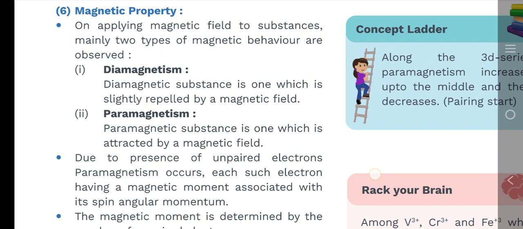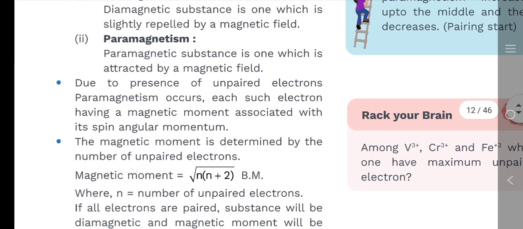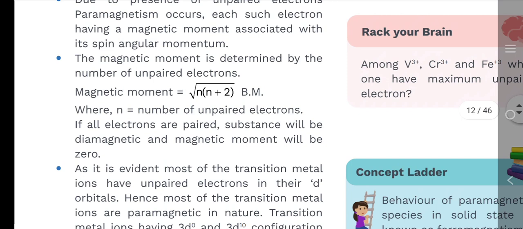Each such electron has a magnetic moment associated with its spin and angular momentum. The magnetic moment is determined by the number of unpaired electrons. Magnetic moment is equal to the square root of n(n+2) Bohr magneton, where n is the number of unpaired electrons. If all electrons are paired, the substance will be diamagnetic and the magnetic moment will be zero.